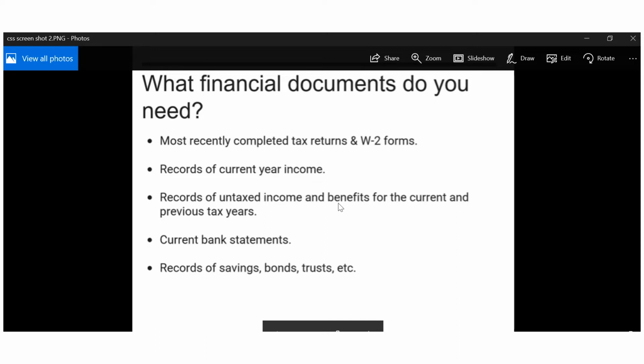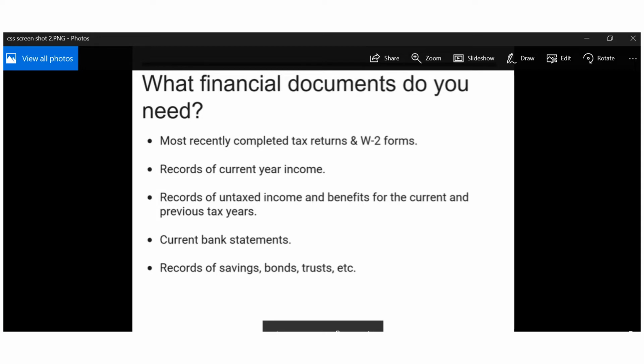Other records of income, other records of untaxed income, current bank statements, records of savings, bonds, trusts. If you own a home, you will want your mortgage information with you. And those are some of the documents that you will need.